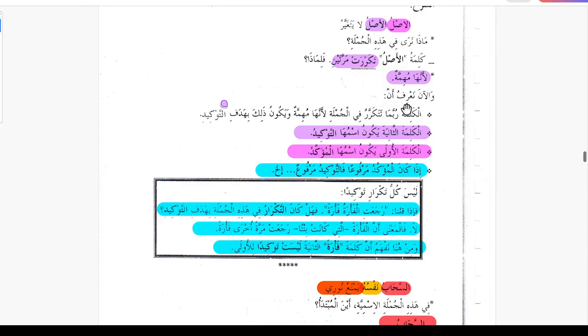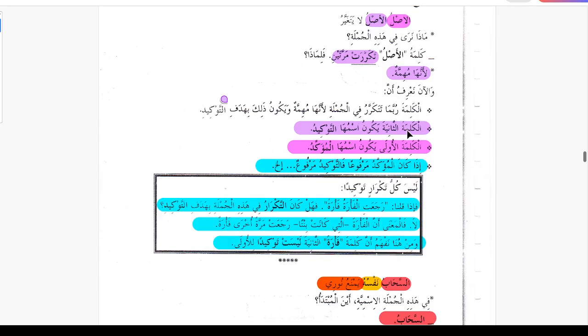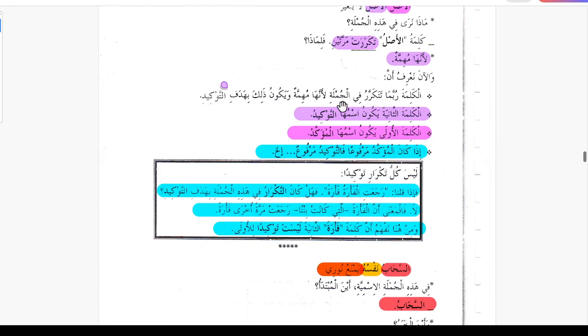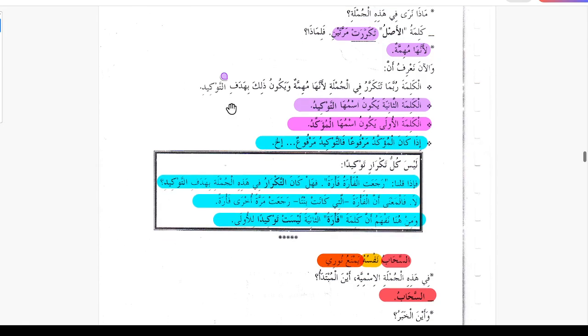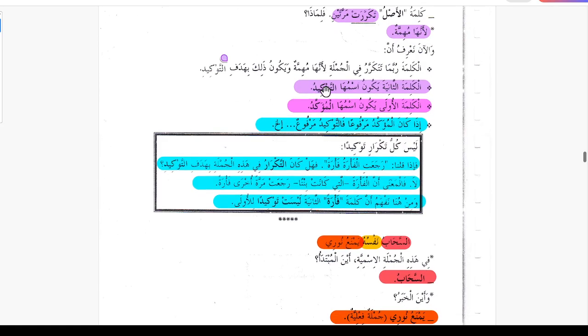Now we know that a word may be repeated in a sentence because it is important, and this is for the purpose of emphasis. We can repeat a word for the purpose of emphasis.